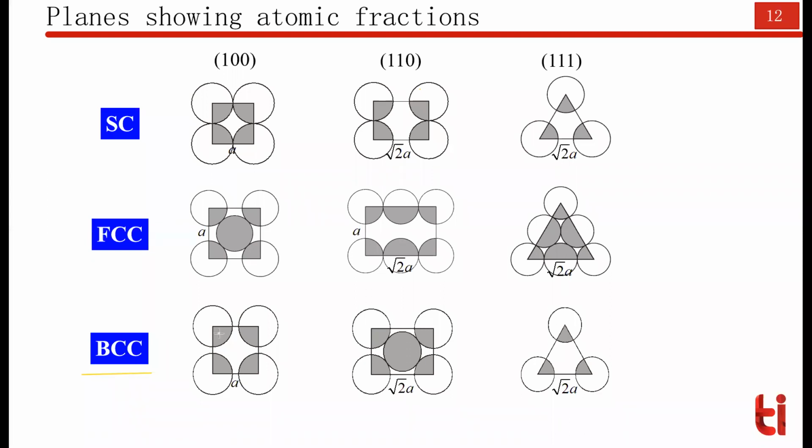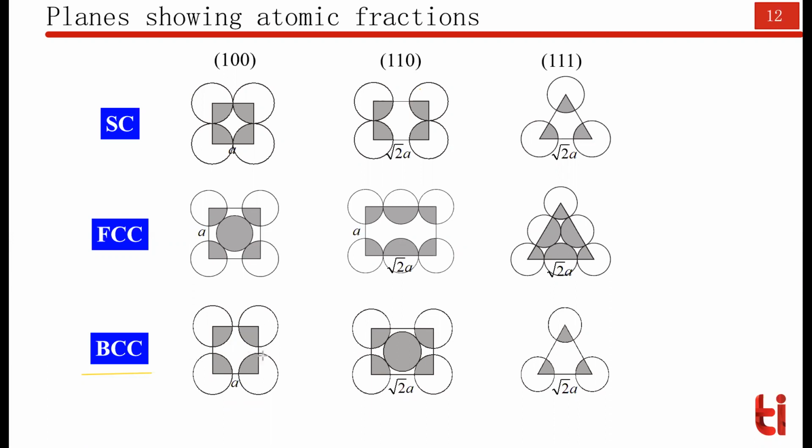So if I compute the effective number of atoms here, it will be 1 by 4 into 4, coming out to be 1 atom, and its area will be a into a equal to a square. So it is same as the simple cubic.